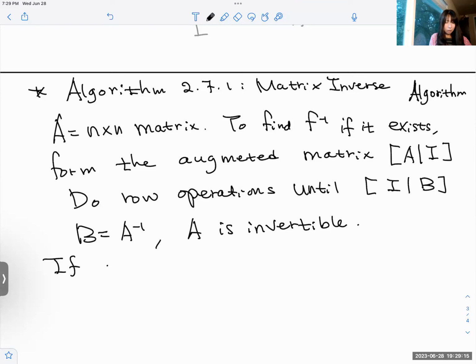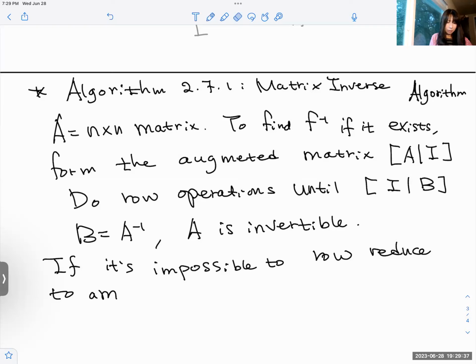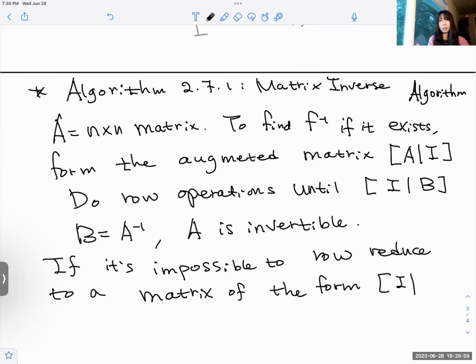If it's impossible to row reduce a matrix of the form, so basically we cannot make this form with one side identity and the other side the inverse, right?